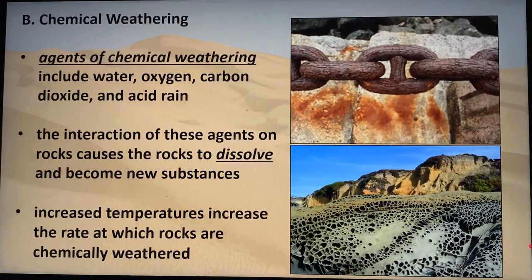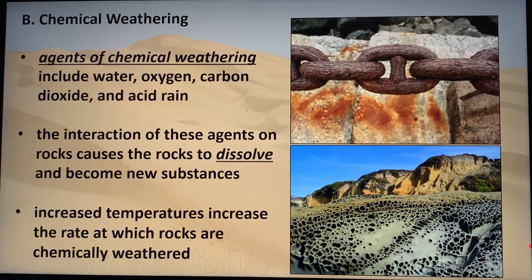Chemical weathering now. We've moved on from physical, otherwise known as mechanical weathering, and now we're talking about chemical weathering. So when rocks are exposed to water, oxygen, which is 21% in the air that you're breathing right now, carbon dioxide, which is about 1%, a little bit less of the air you're breathing right now, and of course acid rain, and we're going to talk about all of these.